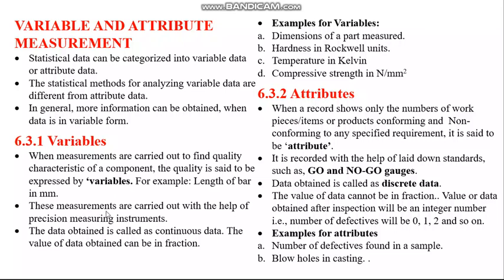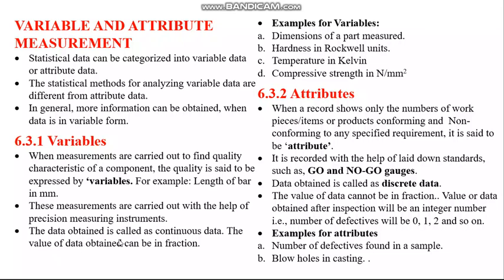Second, these measurements are carried out with the help of precision measuring instruments, like micrometer, screw gauge, vernier depth gauge, wire gauge, and so many gauges. You may have studied these in metrology and quality control.